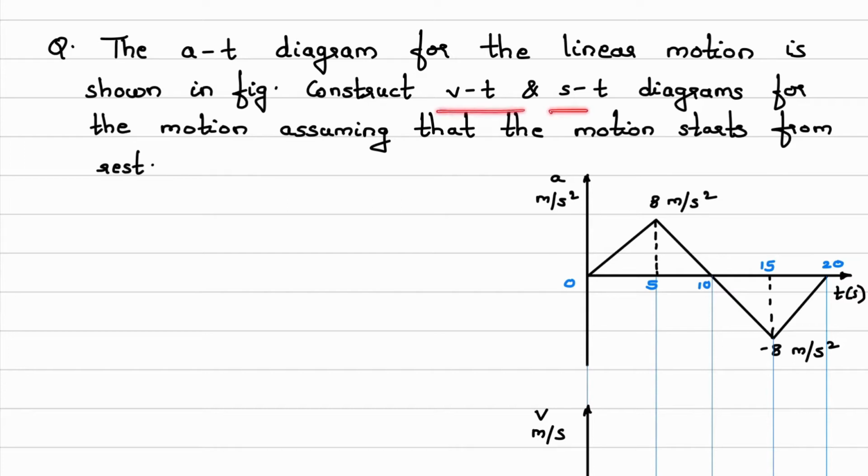Construct the VT and ST diagrams for the motion, assuming that the motion starts from rest. So at t equal to 0, V is 0, and displacement also we will consider as 0 since it is not given in the question. So from the AT diagram we will draw the VT diagram and then we will draw the ST diagram.